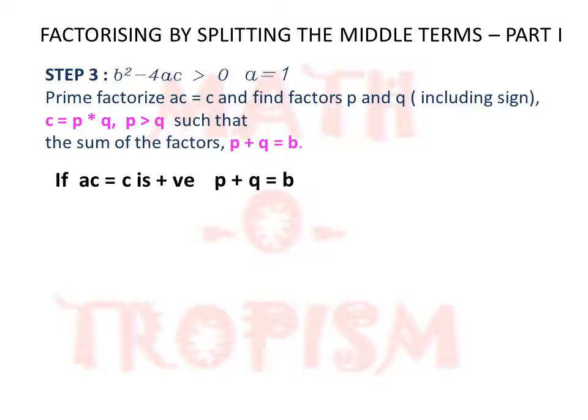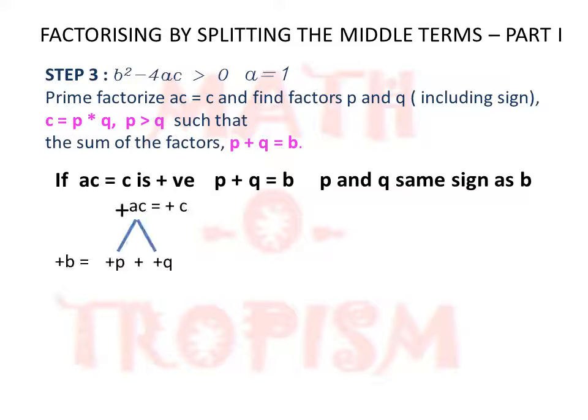If both the things are added, it means what? They should be of the same sign. So if b is positive, p and q are also positive. If b is negative, p and q are also negative. So the first condition is, if c is positive, I have to add the two factors to get b, and both will have the same sign as b.